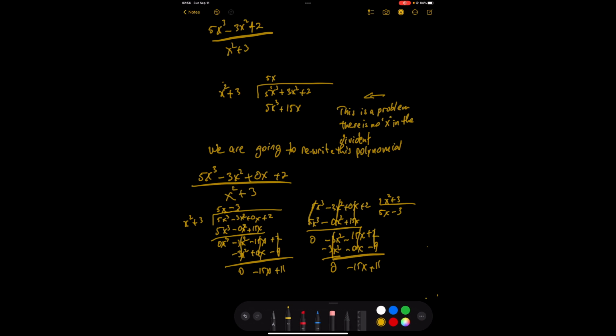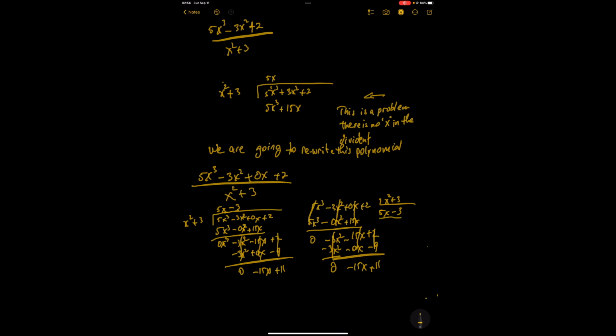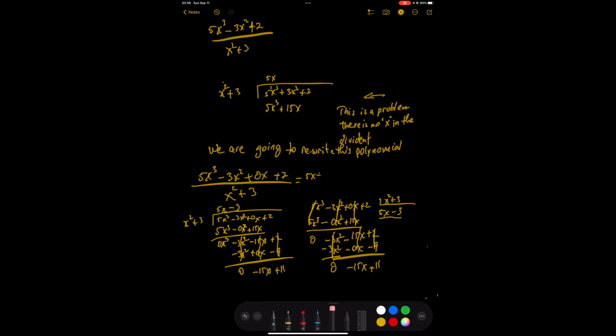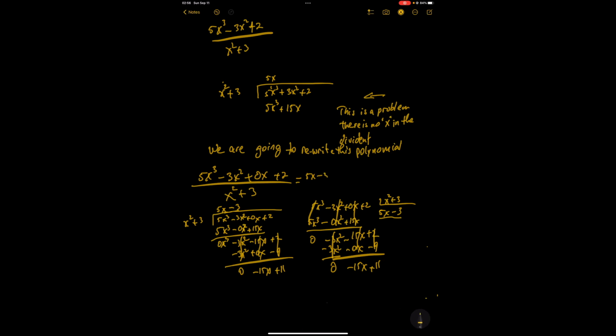Therefore, the answer for that, listen, will be equal to the quotient, right? Which is equal to 5x minus 3. That's the quotient. Plus the remainder over the divisor, okay?